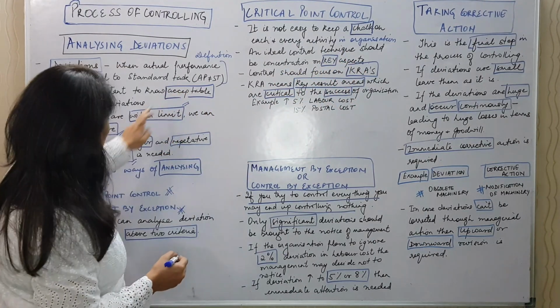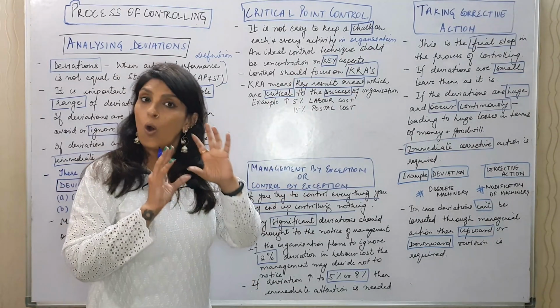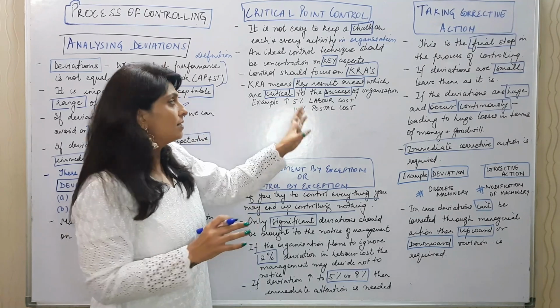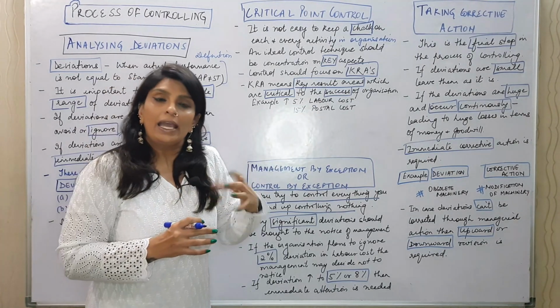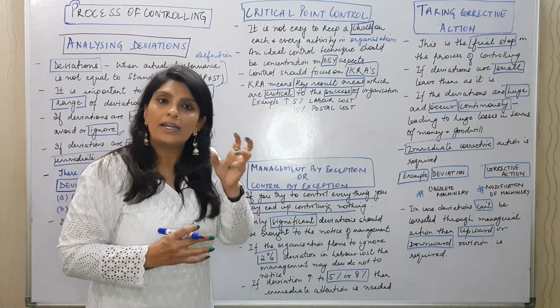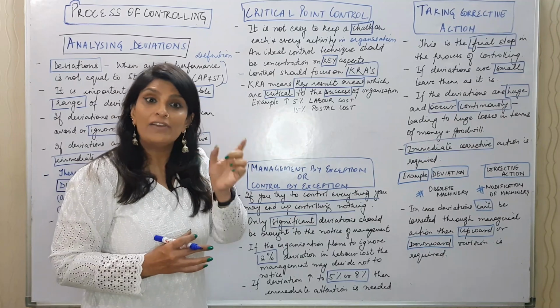See, whatever I am encircling out here, these are all your keywords. In all the chapters which we have done in all the videos, I have encircled some words, those are keywords. If a chapter can have a keyword, similarly an organization needs to have some kind of key work, not word, key work.